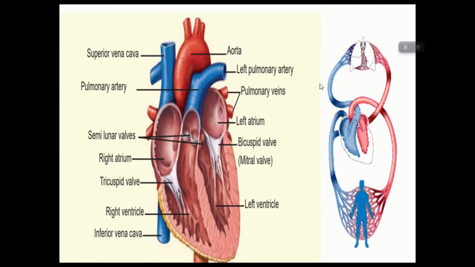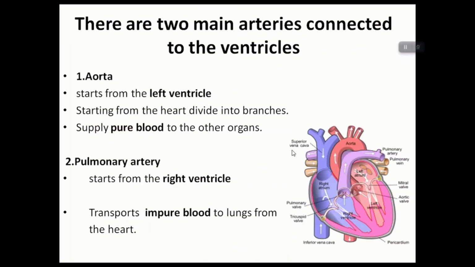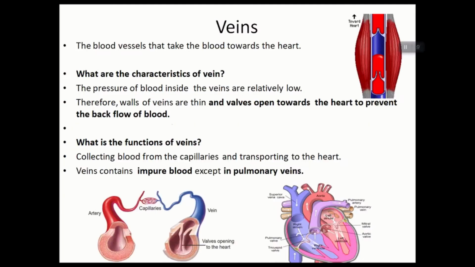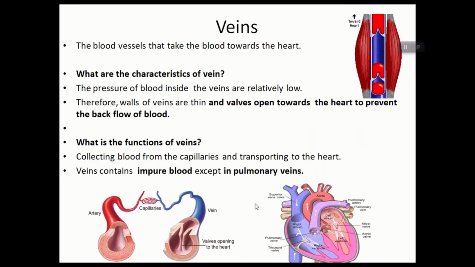This is the pulmonary vein. Pure blood is carried by pulmonary vein to the heart. Okay. Then the other ones: there are two other veins. They are known as superior vena cava and inferior vena cava.